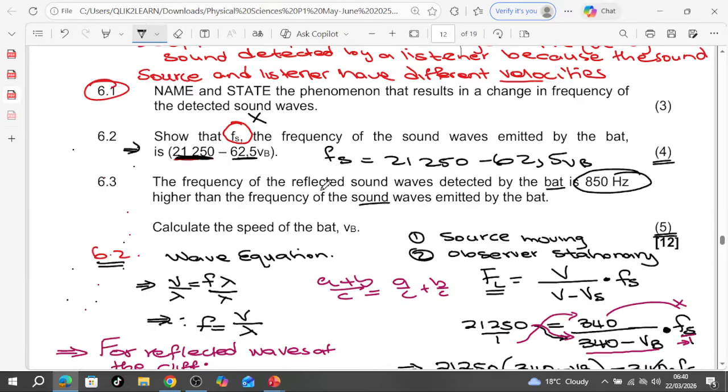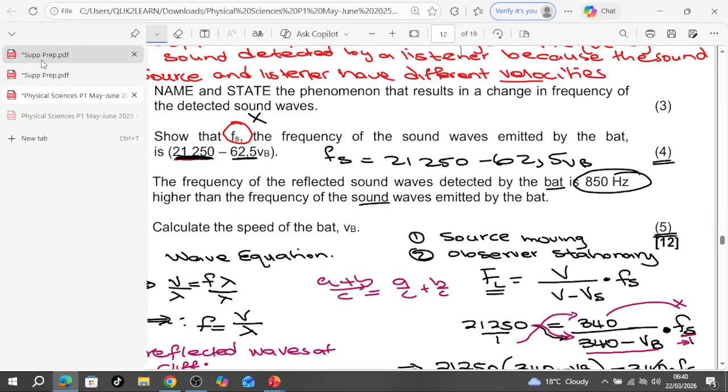So what I'm going to do, I'm going to say F detected, which is the frequency that is detected, equals to, and the statement is saying the frequency of the reflected sound waves detected by the bat is 850 Hz higher than the frequency of the sound waves emitted by the bat.